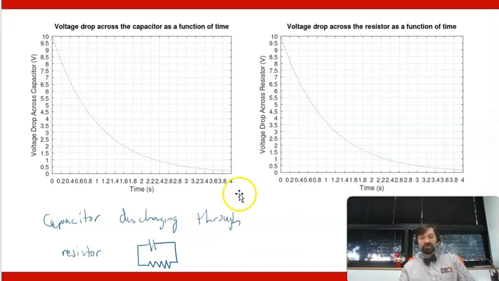Now, it would look different if you had, for example, a capacitor and then two resistors in series and you measured across one of the two. It would also look different if you had the case where your capacitor is discharging through a resistor and a battery with some EMF.